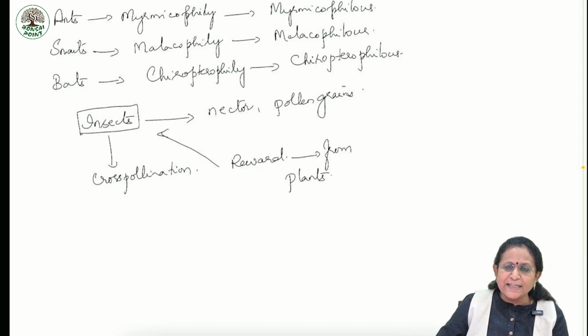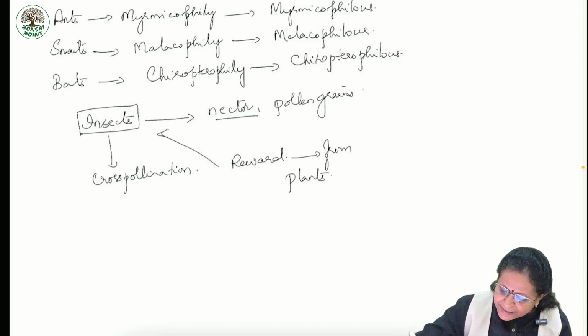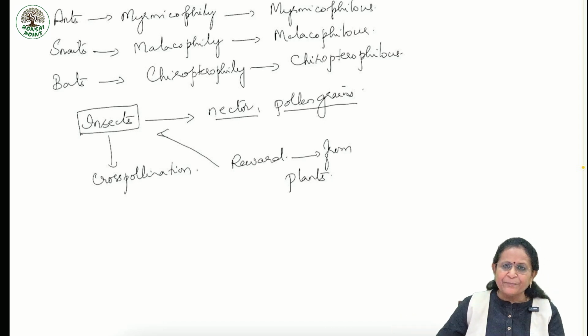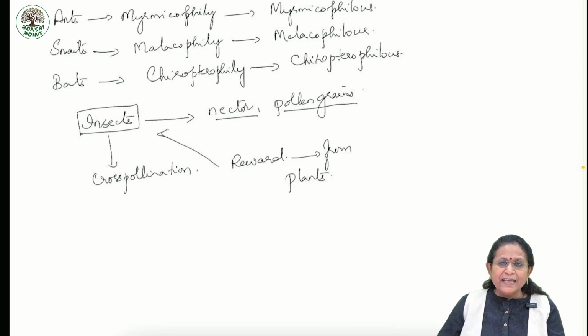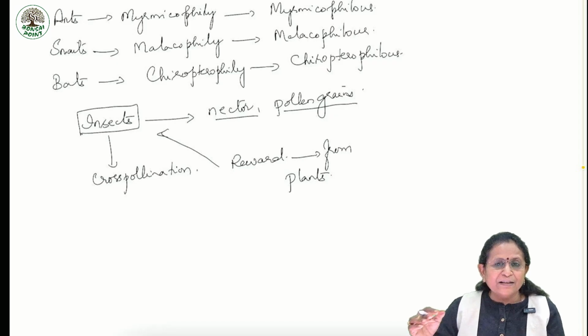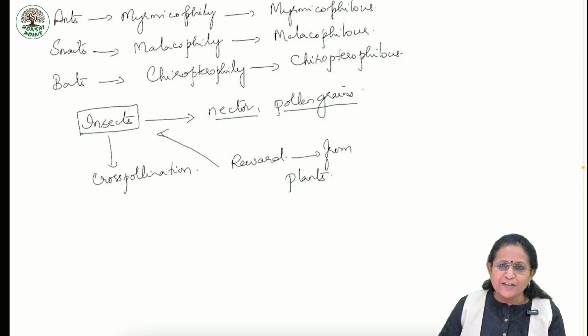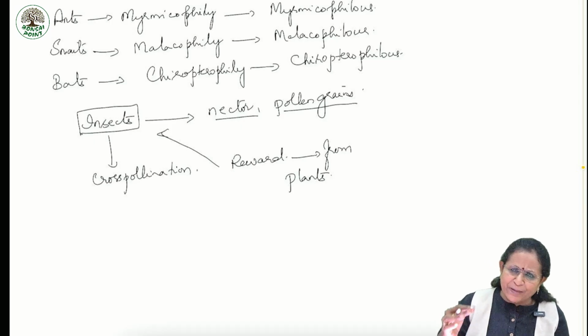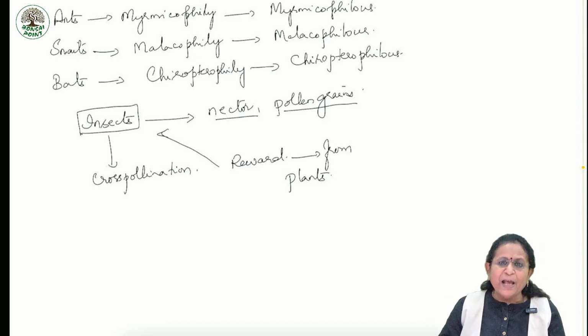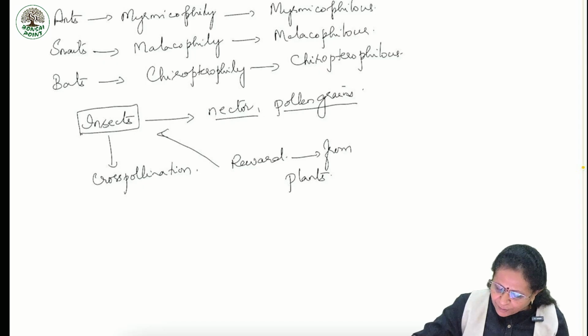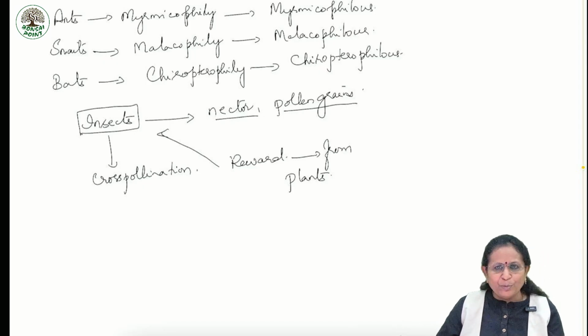The reward is nectar and pollen grains. Even bats bring about pollination, and all animals that bring about pollination get this reward.